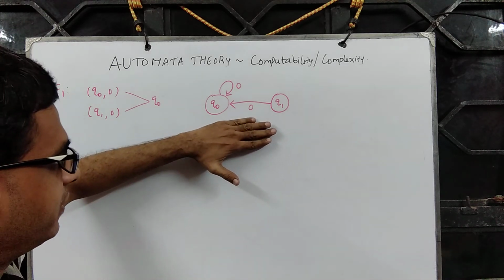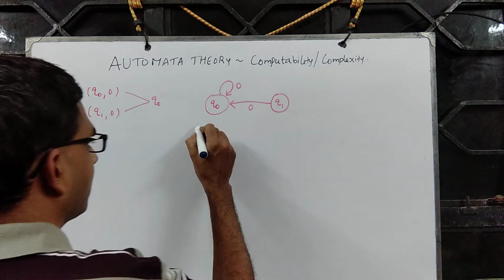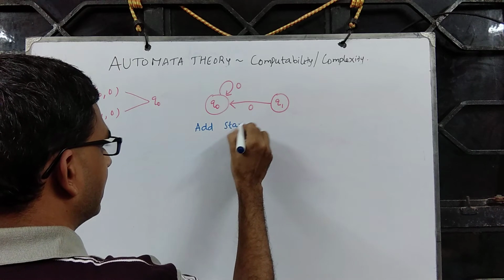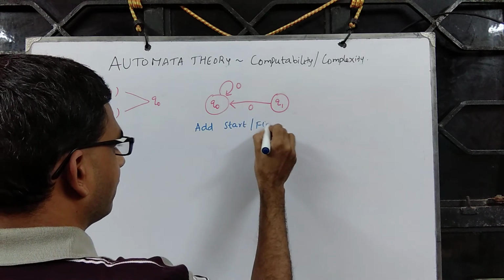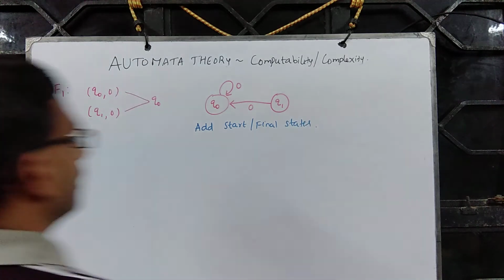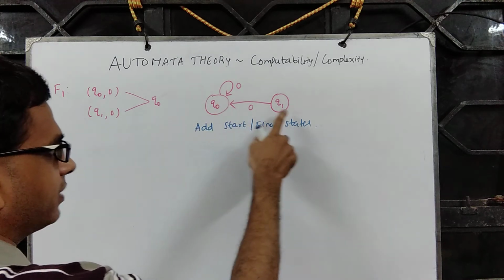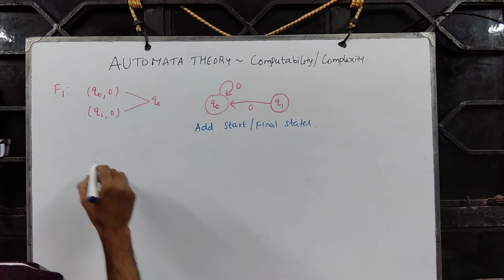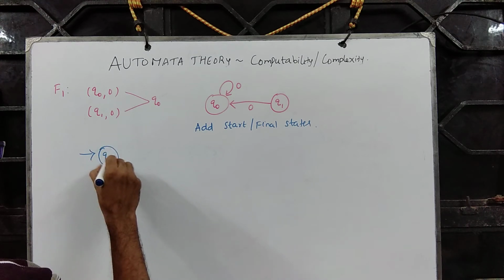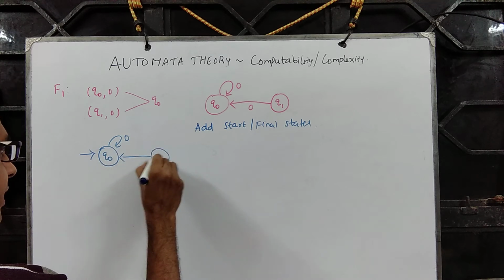Now I need to convert this into a DFA. To do that, we need to add start and final states. Now this can be a final state or this can be a final state. So 2 possibilities are there. Let's assume q0 is a final state. Then we get this automaton.